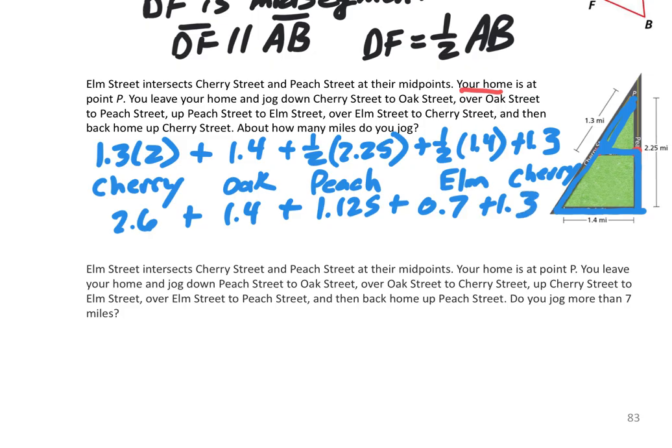You could probably type that whole thing in at once, as long as you use parentheses and make sure you watch order of operations. But if I type that whole thing into my calculator, let's see how many miles we ran. About 7.1, okay. About 7.1 miles.